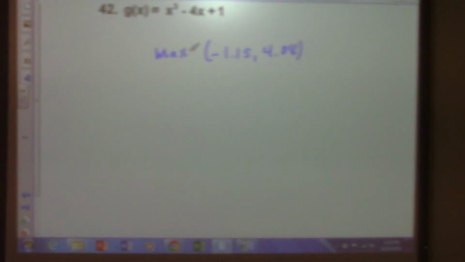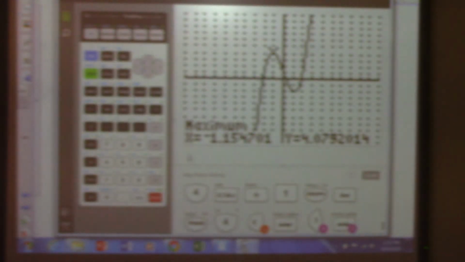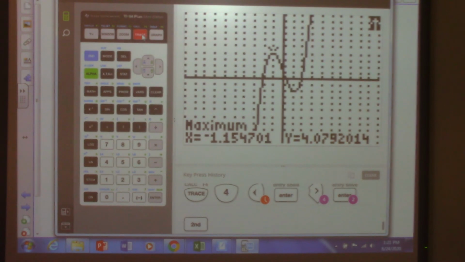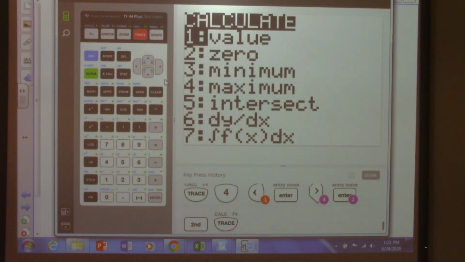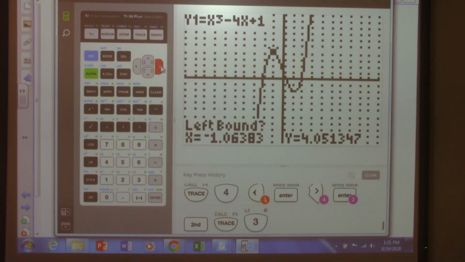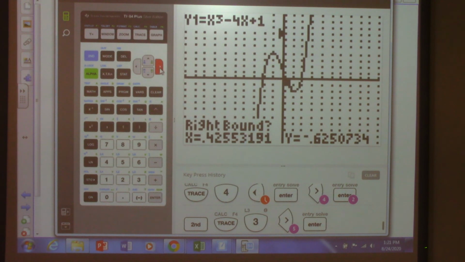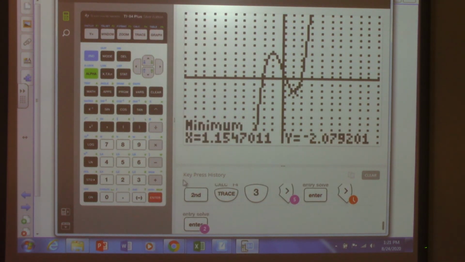And how do we find our minimum? Same type of thing. We go to this case, put minimum, right? Okay, come here, press enter. So we have x is 1.15, y is negative 2.08.